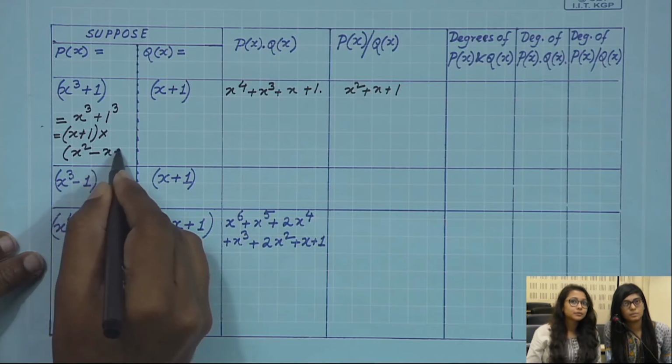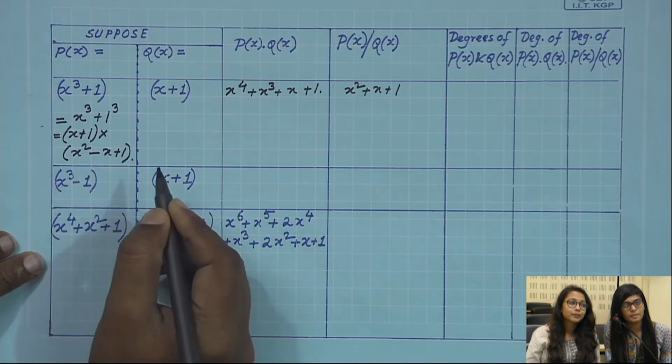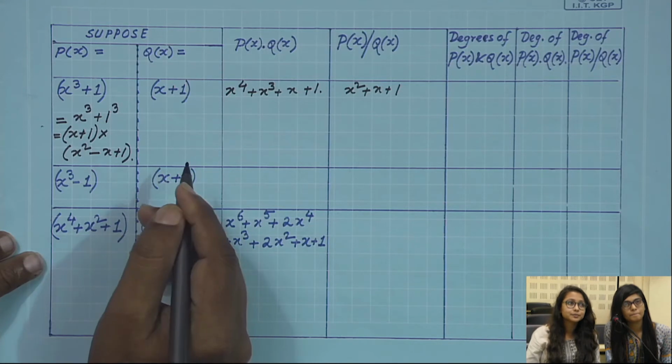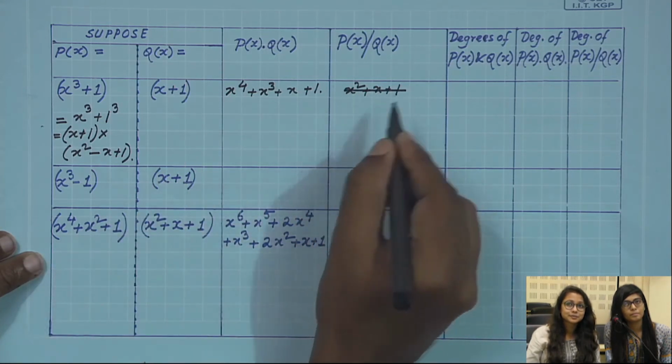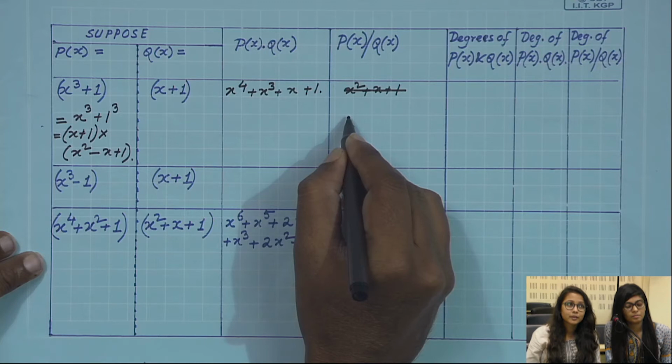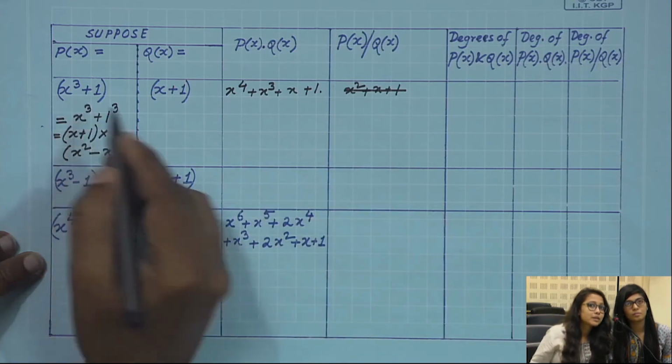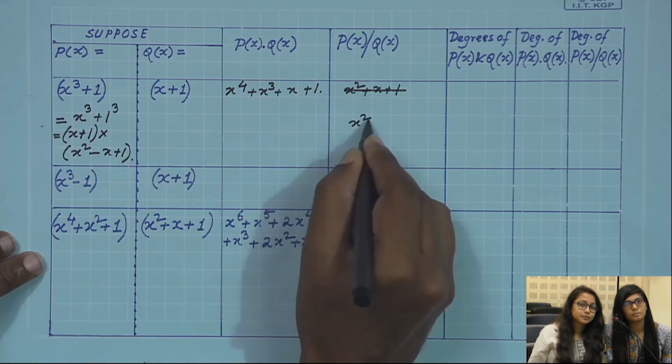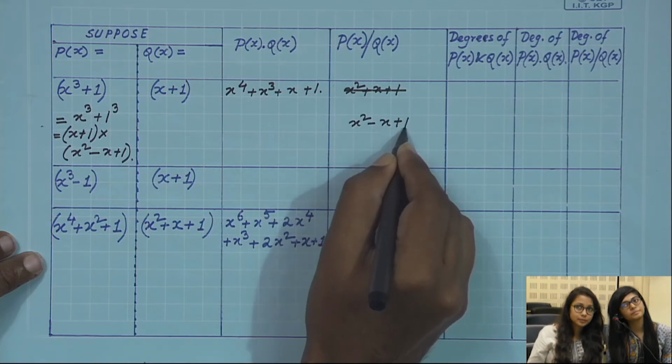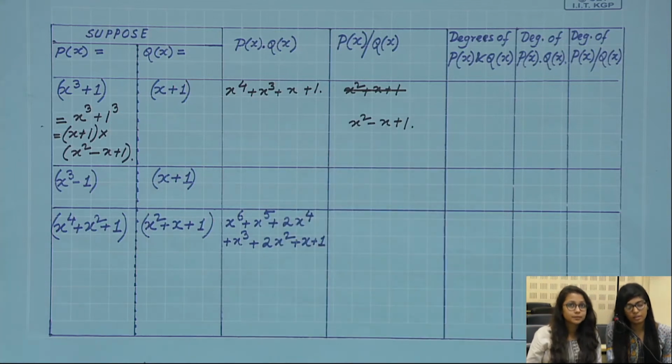No, minus x plus 1. Okay. So, you have made a very simple mistake. Tell me, what would be the result? X square minus x plus 1. Okay. Yes.